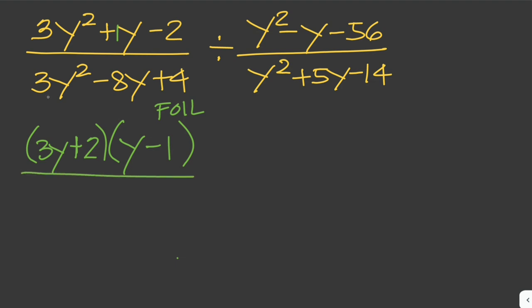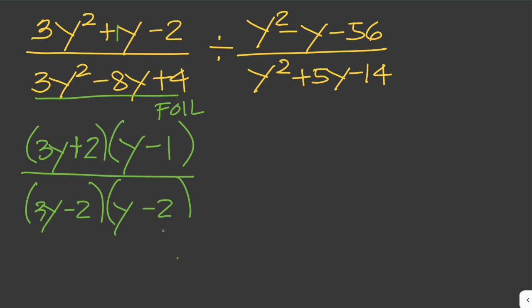And then we factor the denominator. That would be 3y. Okay, we look for factors of 4 that when we multiply them will equal 4. So we can use negative 2 and negative 2. So 3y minus 2 times y minus 2. So you can always check.